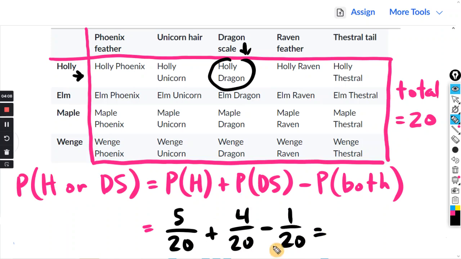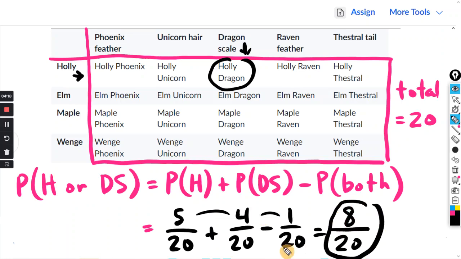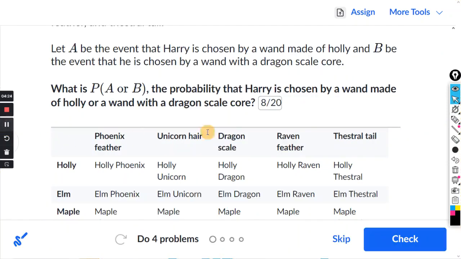We have a common denominator of 20. Adding 5 plus 4 is 9, minus 1 is 8. So that's it, 8 out of 20. You don't have to reduce in this section. So type 8/20.